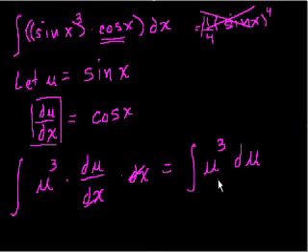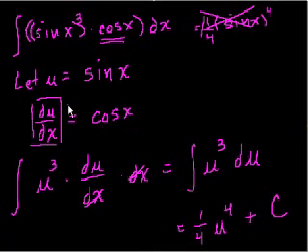Now this is an easy integral. The only thing different from what you might have seen recently is that instead of an x, we have a u here. We know the answer of this integral is 1/4 u to the fourth, and then of course we add the plus c. Are we done? Almost, but it would be nice to unwind the u and put the sine of x back in for it.